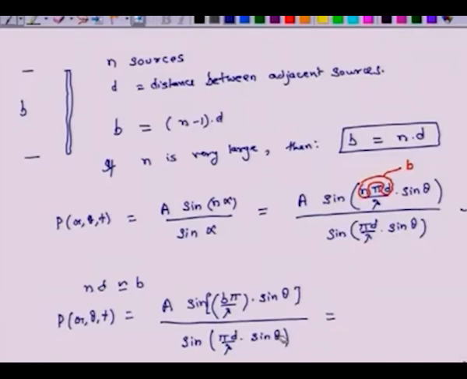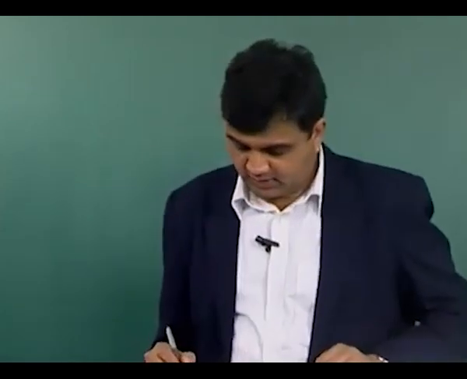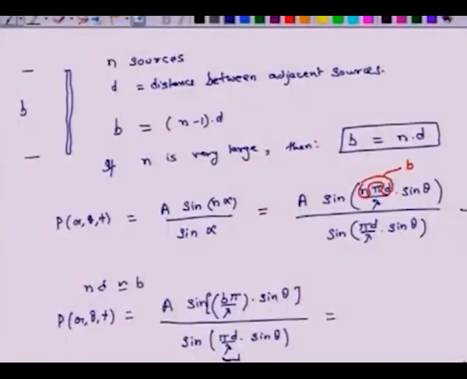Now, if n is extremely large and if b is finite, then d will be extremely small, and when d is extremely small, then pi times d divided by lambda will also be very small, and that very small term is being multiplied by sin of theta, which never exceeds 1.